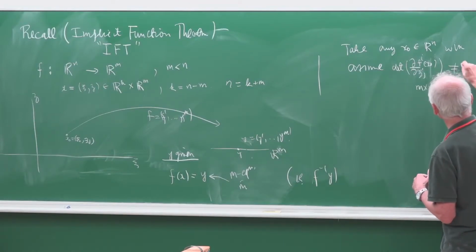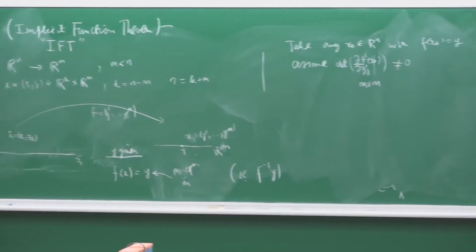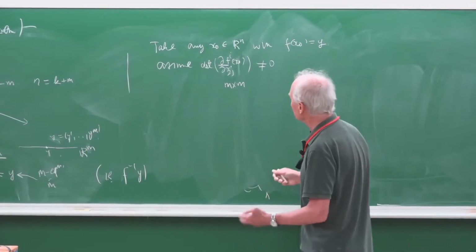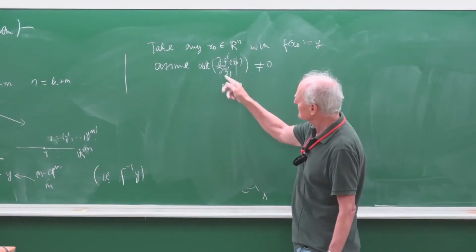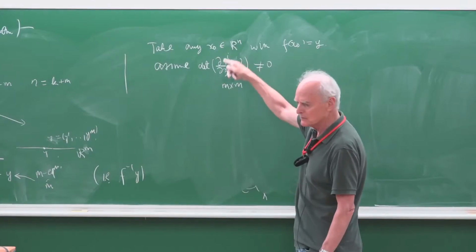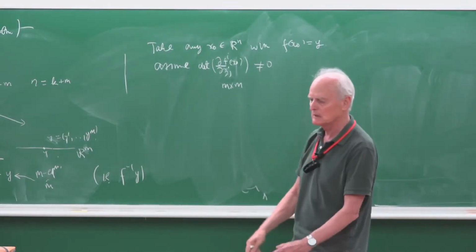In other words, the map has rank m, and in particular this minor of the Jacobian matrix has non-zero determinant. So that's the assumption.